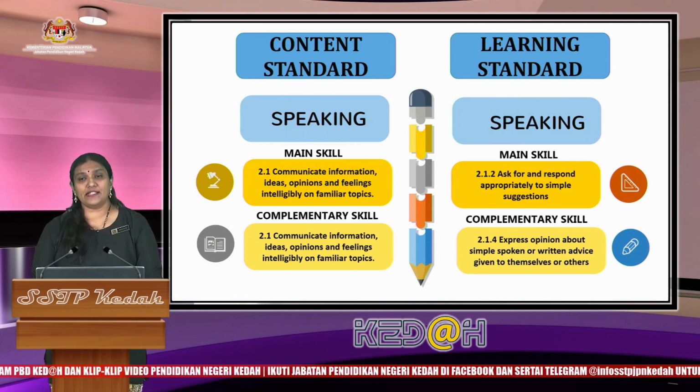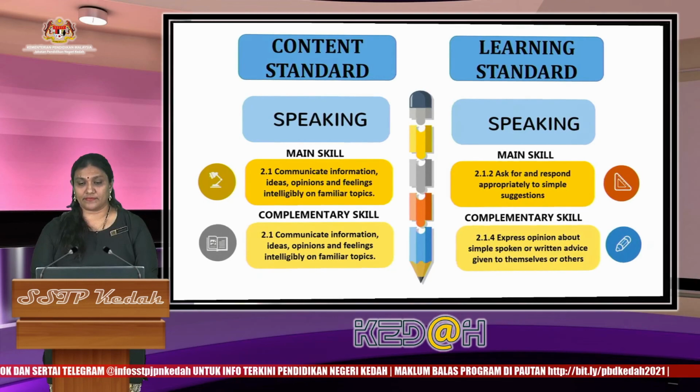As for the learning standard, the main skill will be 2.1.2, which is ask for and respond appropriately to simple suggestions. The complementary skill will be 2.1.4, which is express opinion about simple spoken or written advice given to themselves or others.